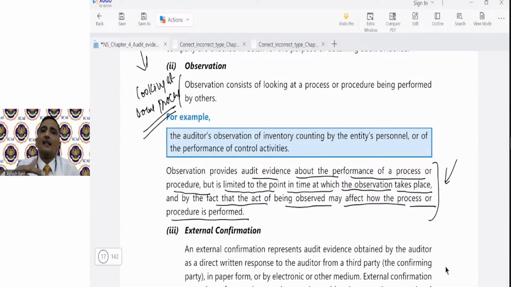So the case I was telling you, suppose you are looking at the process. Obviously you are getting evidence only at that point of time, only at that moment.